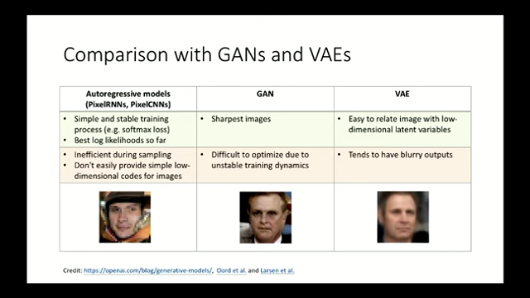Compared to VAEs, we cannot get low-dimensional codes for an image, like the latent vectors, so we cannot do adjustments on images. For results, GANs have the sharpest results, VAEs have blurry ones, and our models are somewhere in the middle.